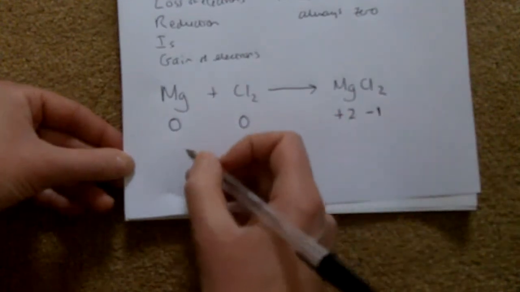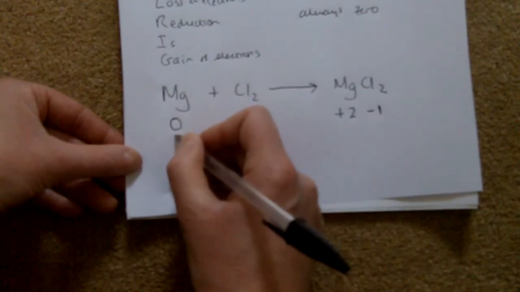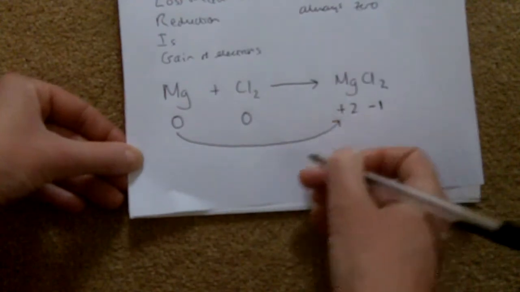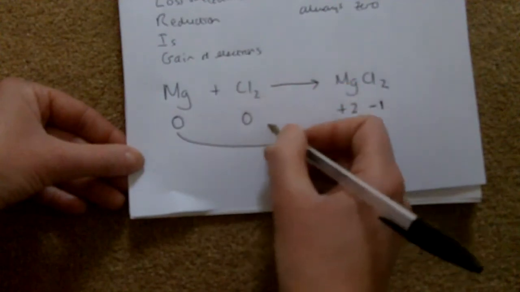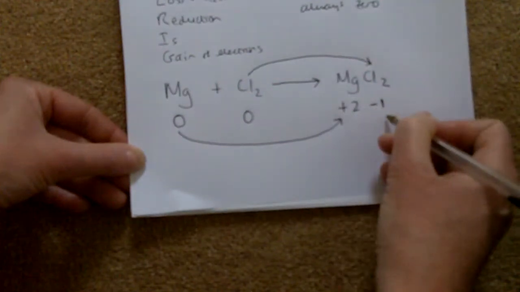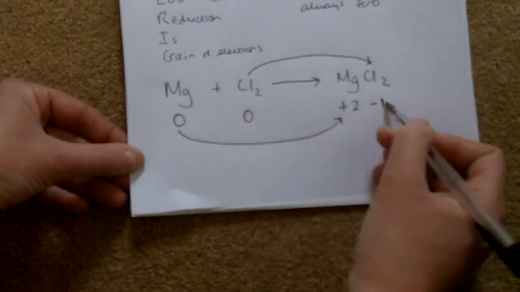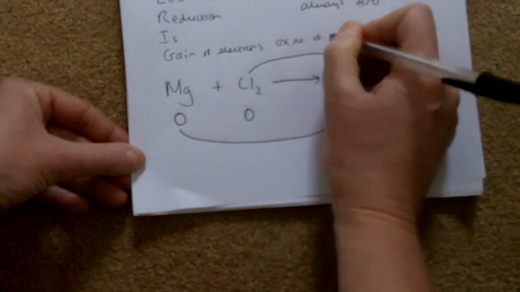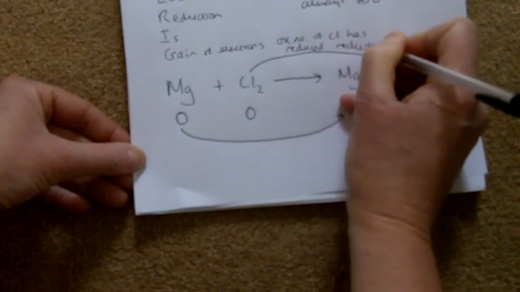Then the magnesium has changed from oxidation number 0 to +2. Chlorine has changed from oxidation number 0 to -1. The oxidation number of chlorine has decreased, has reduced, and so that is reduction.